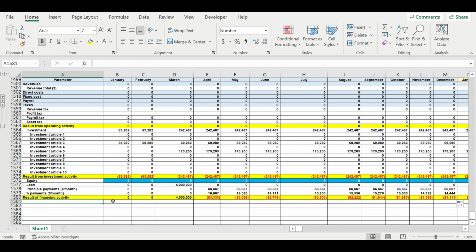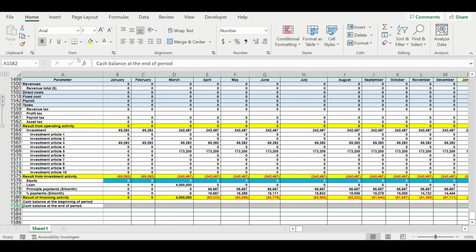So then we have cash balance at the beginning of period, and finally we have cash balance at the end of period.